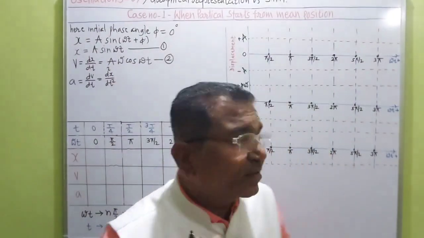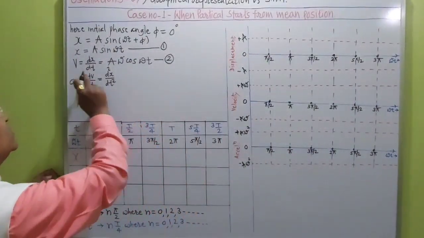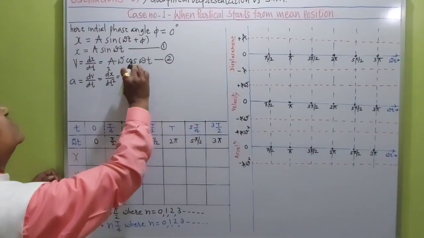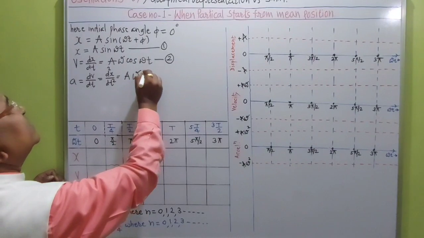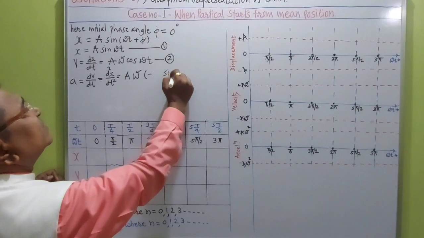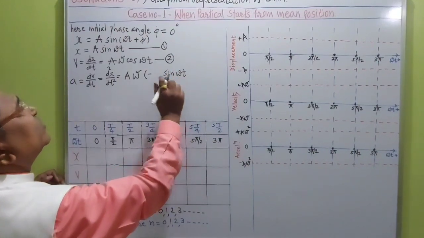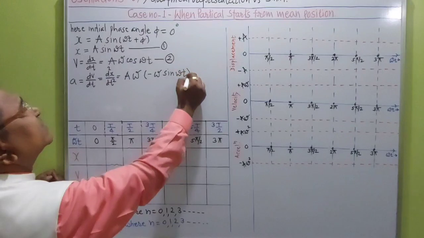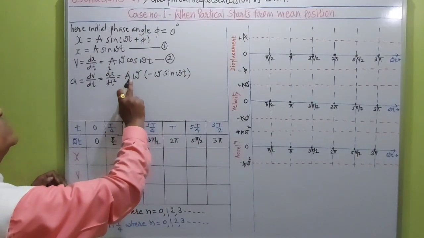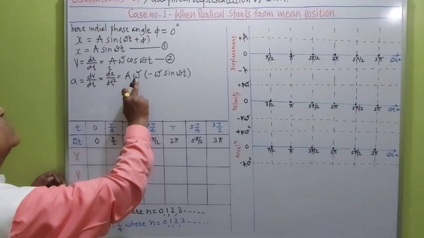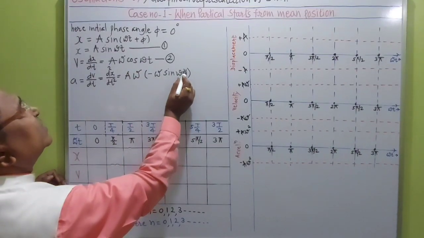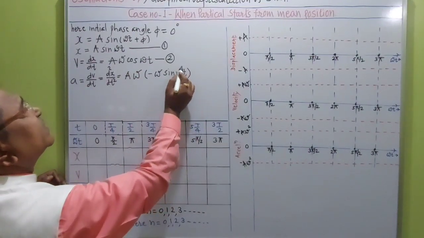Take the derivative again, the derivative of velocity with respect to time. A omega is a constant term, write it down like this. The derivative of cos omega t is minus sin omega t, and again the derivative of omega t with respect to t is omega.